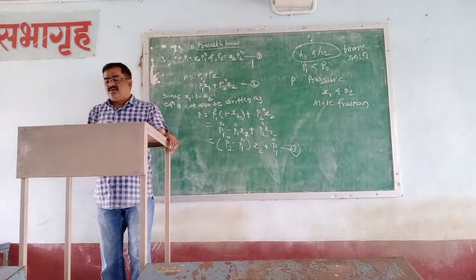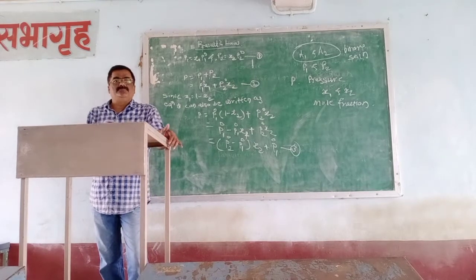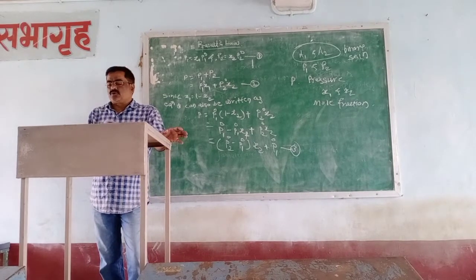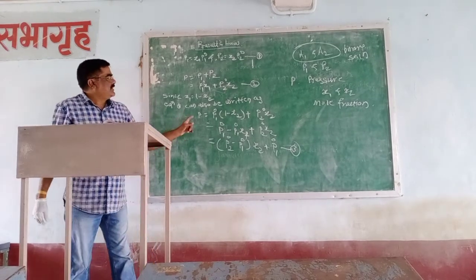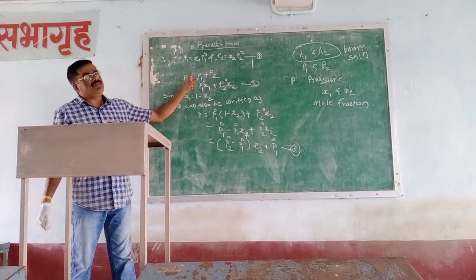According to Dalton's law of partial pressure, the total pressure above the solution is P is equal to P1 plus P2.